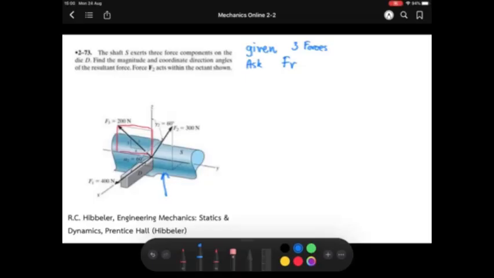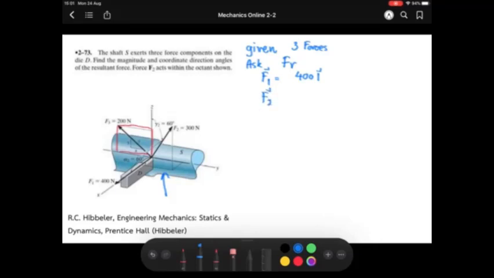Can you find out how to solve this question? The question gives you three forces and asks for the resultant force. The first force, F1 here, is 400 along the x-axis, so you can write the vector of force 1 as 400 i.